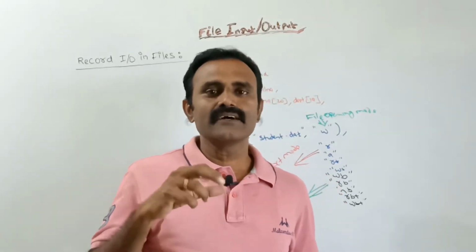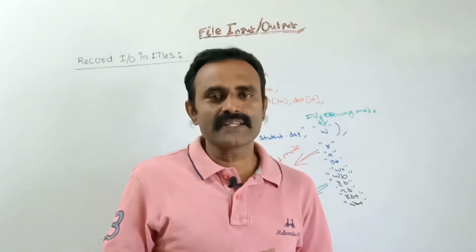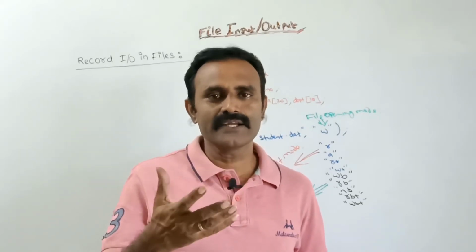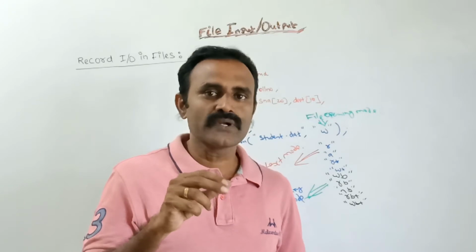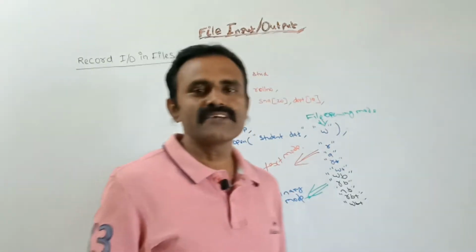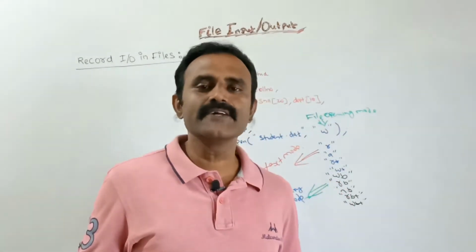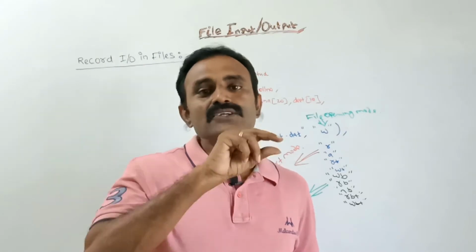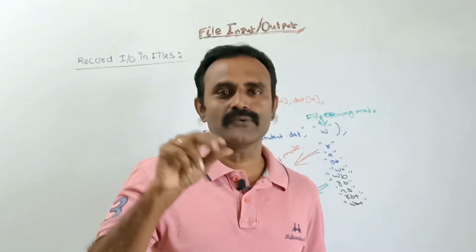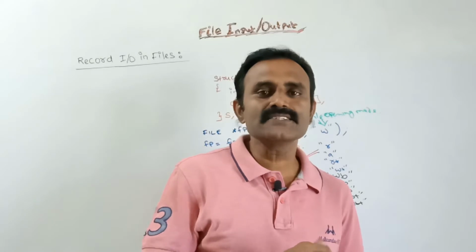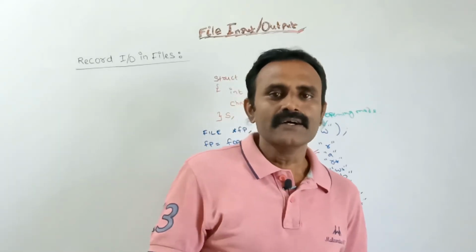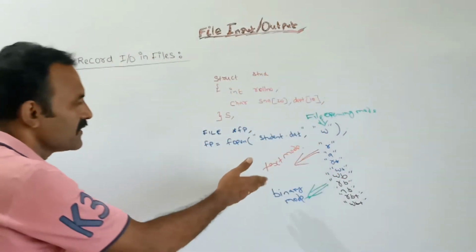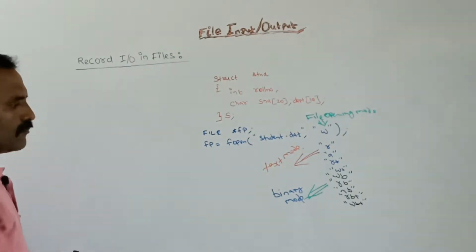After compilation, the exe file, the execution file, we can't read. Such kinds of files are known as binary files. MP3 files, MP4 files, video files, audio files, in which mode are these stored? Binary mode. Such files we can't read. So this is the difference between text mode and binary mode.